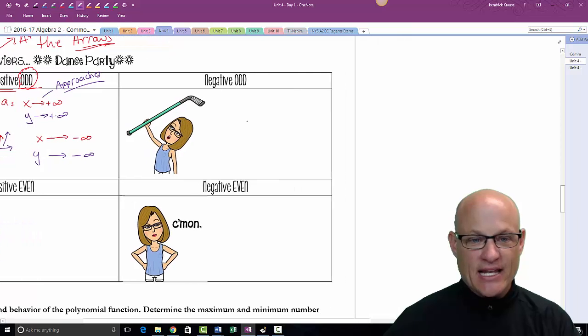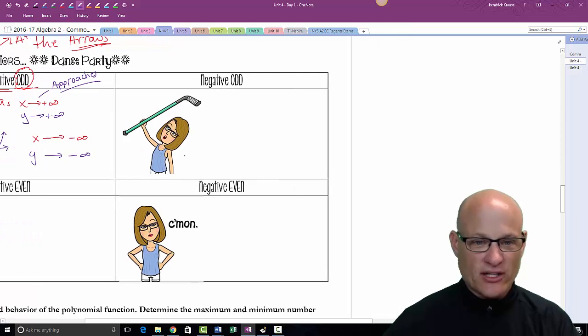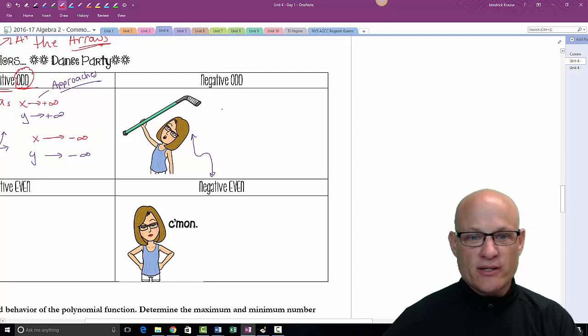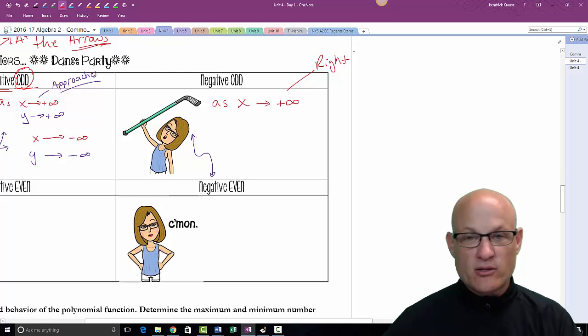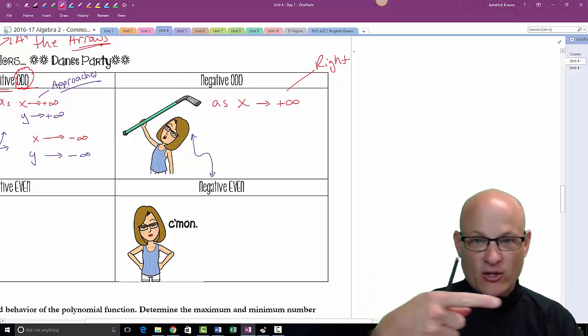Negative odd. And again, I like to draw a quick sketch of what these things look like. Negative odd points in opposite directions, and it's coming down. So if I'm going to write this one as x approaches positive infinity, and by the way, what I mean by that is goes to the right, right? Isn't x going to positive infinity going to the right?